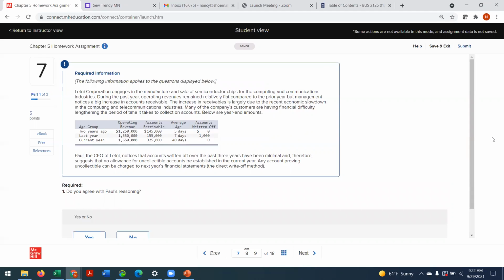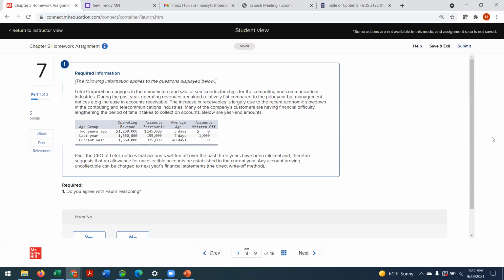Lutney Corporation engages in the manufacture and sale of semiconductor chips for the computing and communications industry. During the past year, operating revenues remained relatively flat compared to the prior year, but management notices a big increase in accounts receivable.